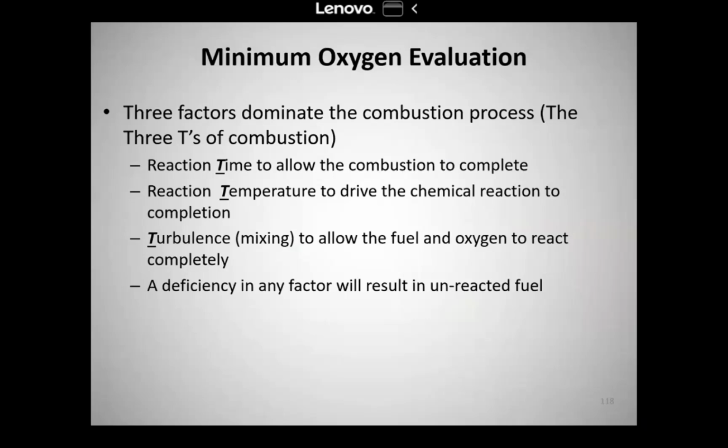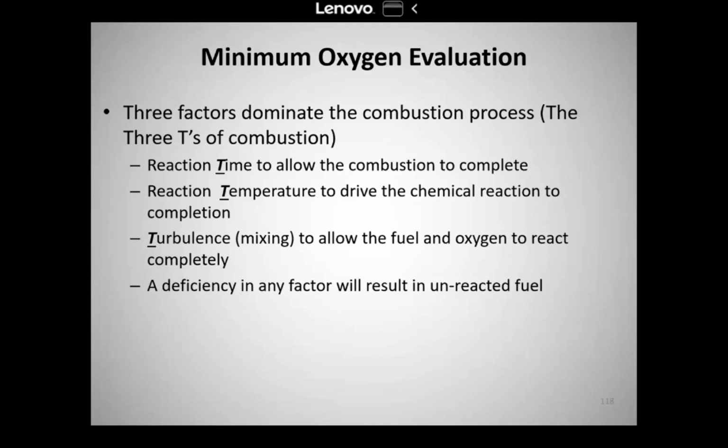Babcock and Wilcox, a long time ago, said that for proper combustion, three factors dominate the combustion process. They call these the 3 T's of combustion, and you have to get them right to have good combustion: time, temperature, and turbulence. You need time at temperature for the oxidation reaction to complete. It's not instantaneous. For reaction temperature, you have to be above the combustion threshold.